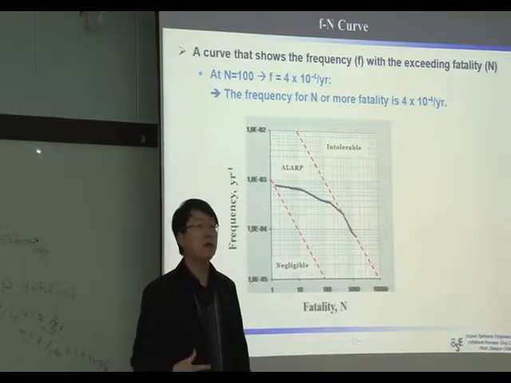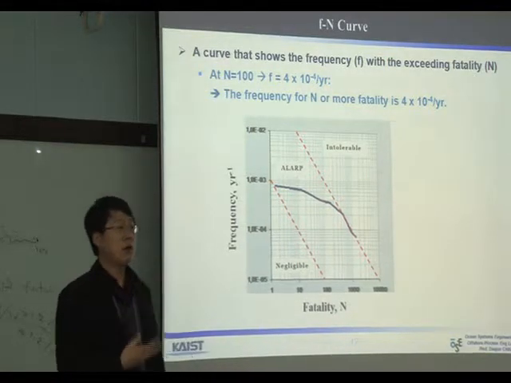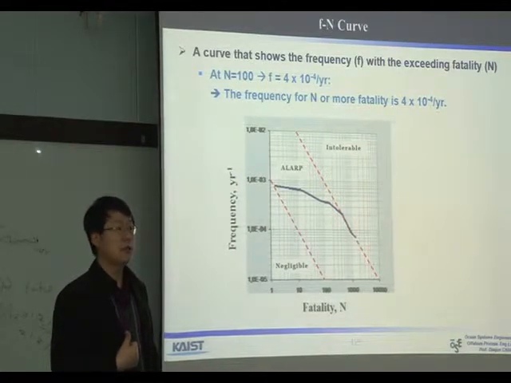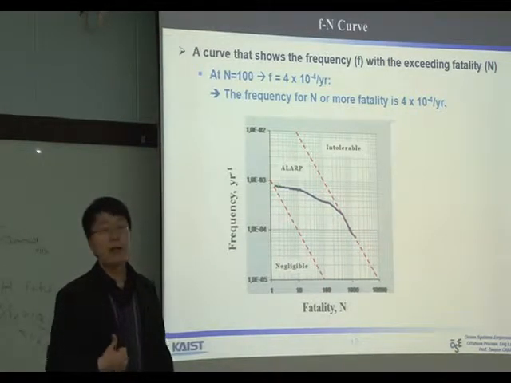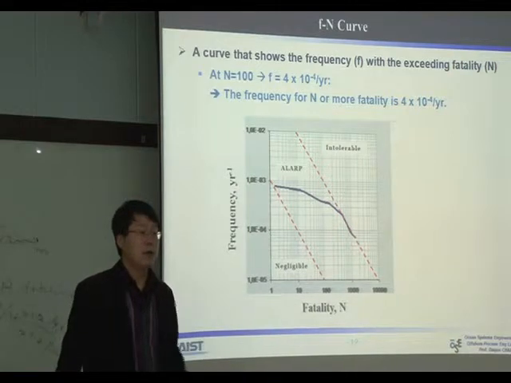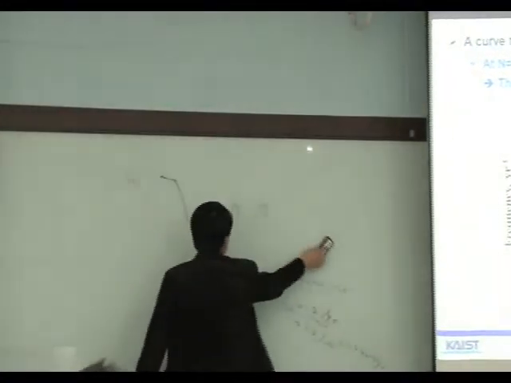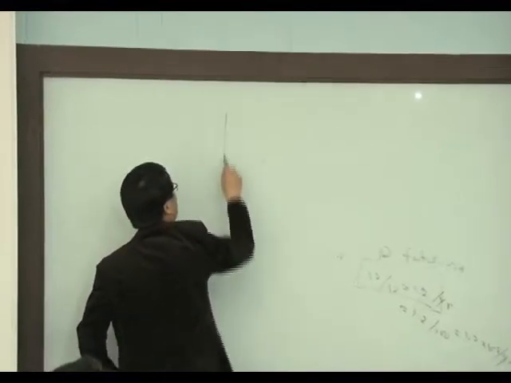Okay? When you deal with probability, there are 2 kinds of concepts. One is probability density function, and another one is probability function. Let's do a kind of experiment in this room. Here we have a frequency.